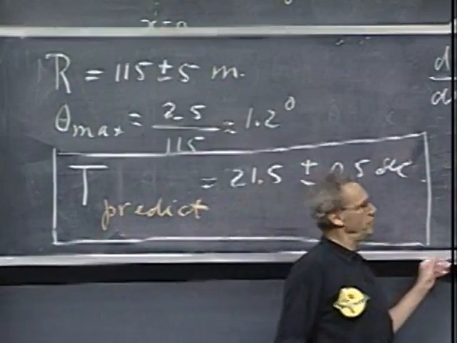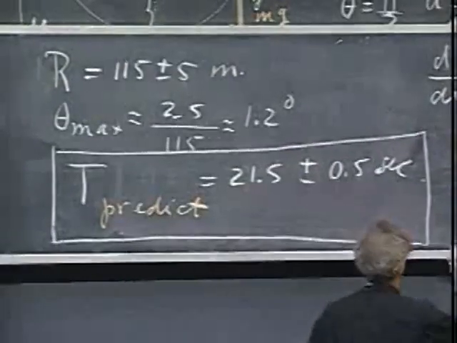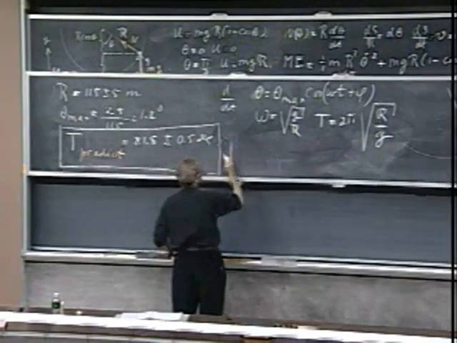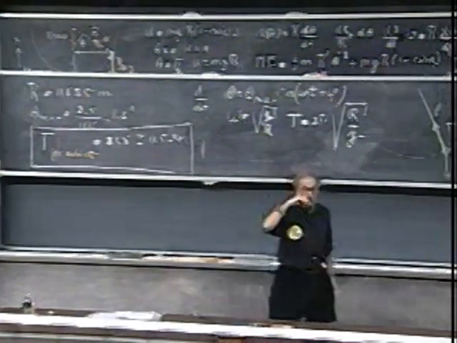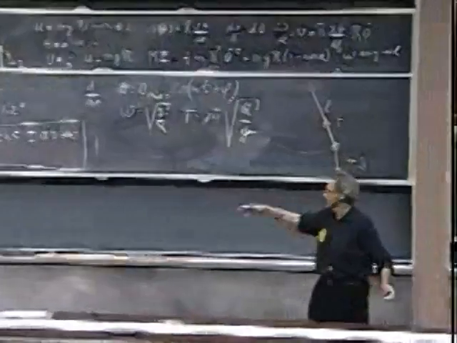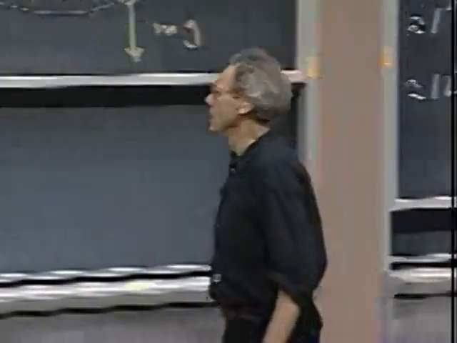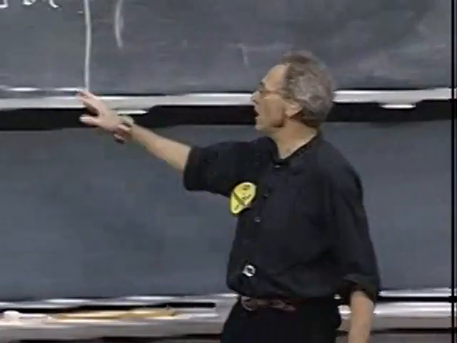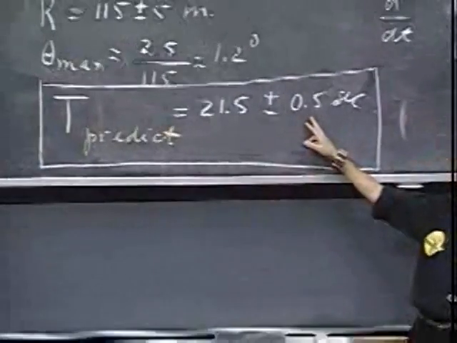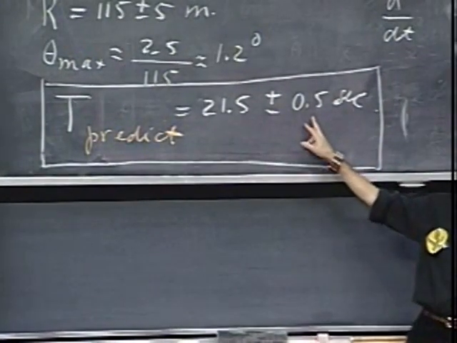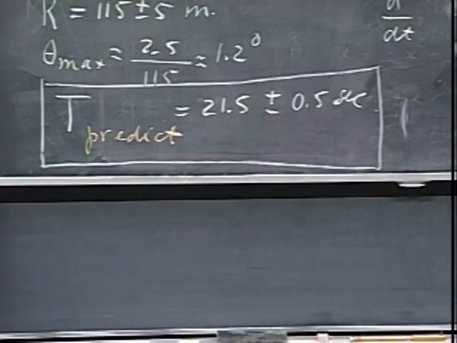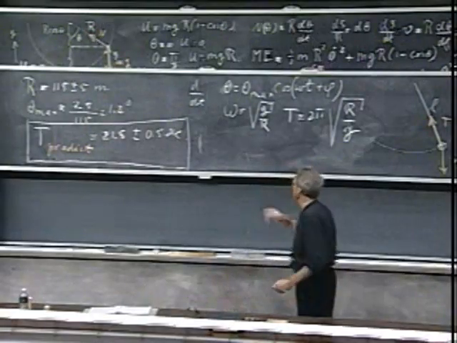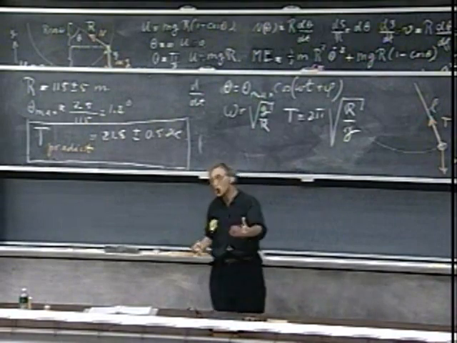Now I'm going to observe it, and we're going to see how this compares. I don't want to oscillate it 10 times. That will take 3, 4, 5 minutes. That's too long. It is not really necessary because my reaction time is 0.1 second. So even if I did only one oscillation, that would be enough to see whether it is consistent with that number. However, it is such a beautiful experiment.